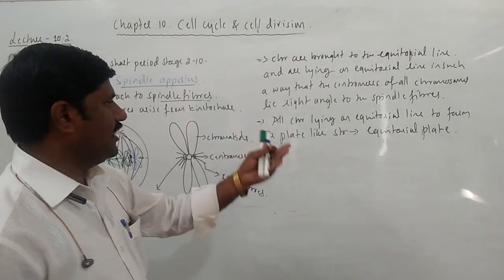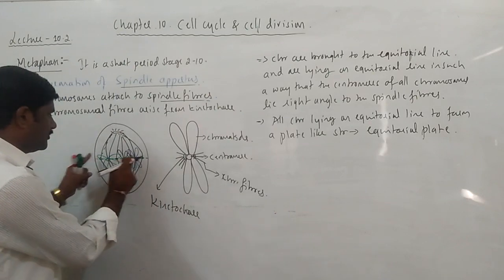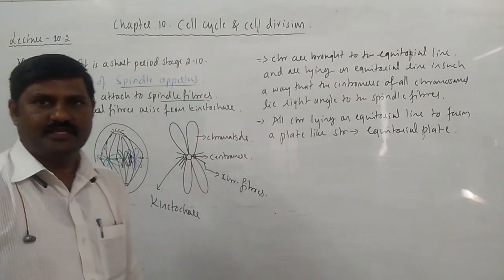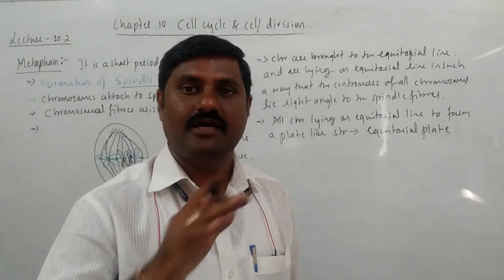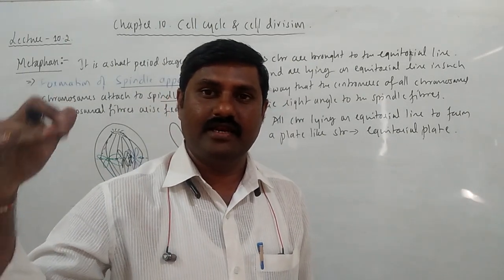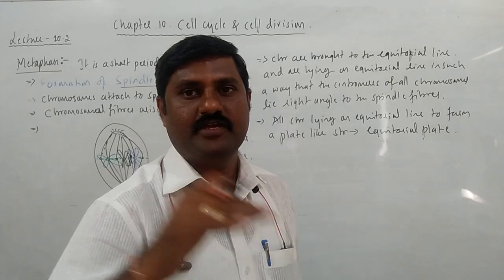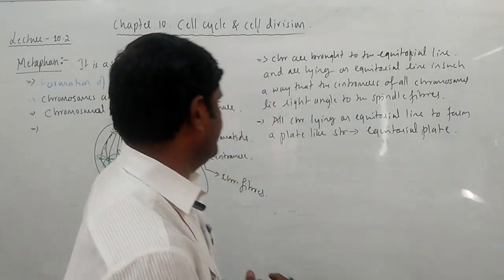That kind of structure it forms over here. In this case, metaphase chromosomes are lying on the equatorial line, and the formation of the equatorial plate takes place over here.